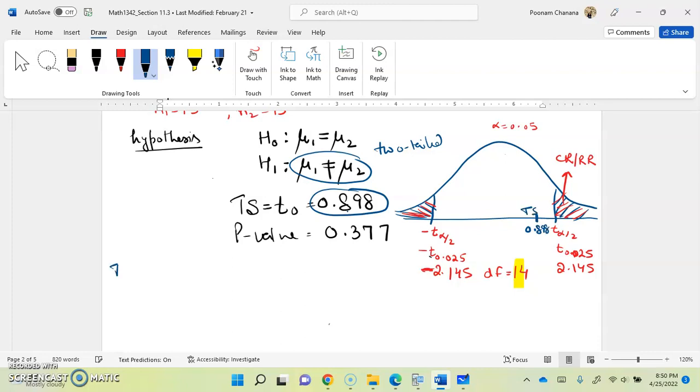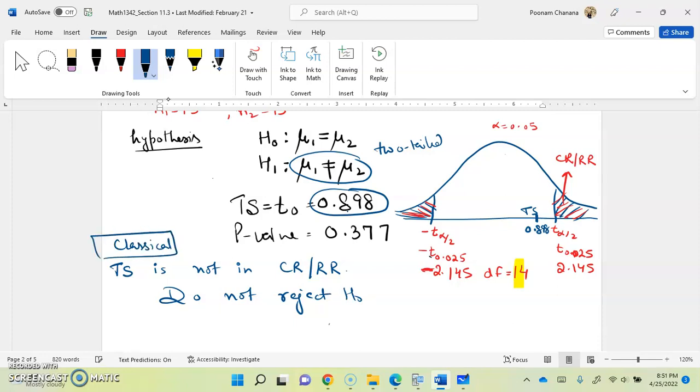So we can say the test statistic is not in the critical region or the rejection region. So do not reject H naught. That is using the classical approach, right? So this is our decision.